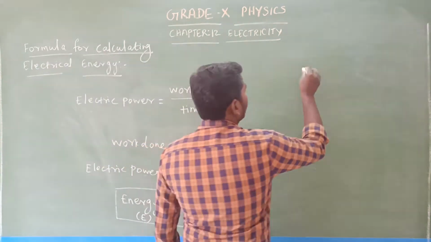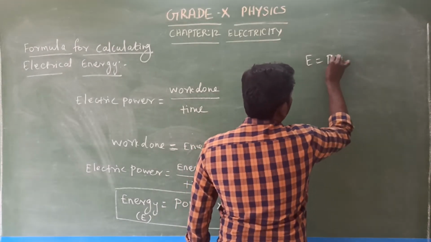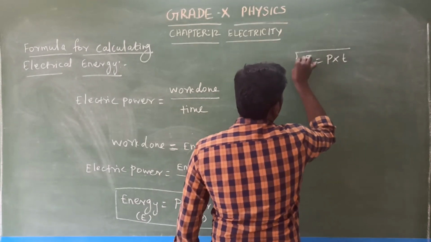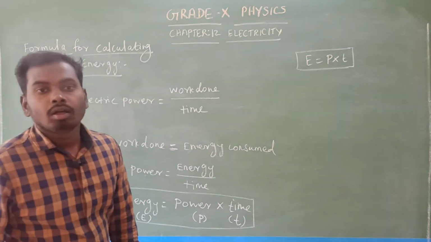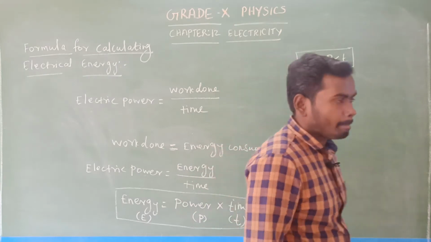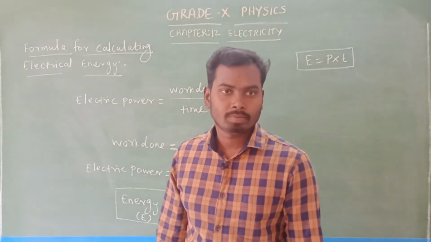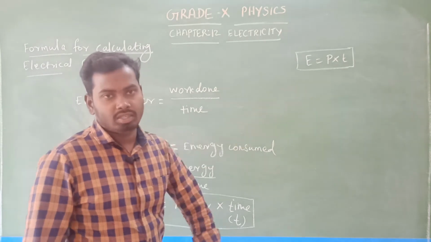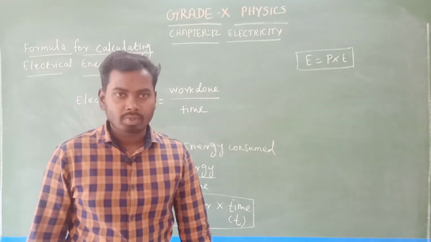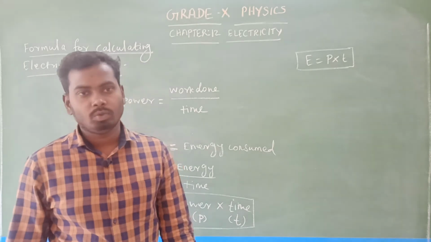So we can write E equals P into T. This is the formula to find the energy consumed by an electrical appliance. The product of power and time is equal to energy. Is that clear? Very easy one.